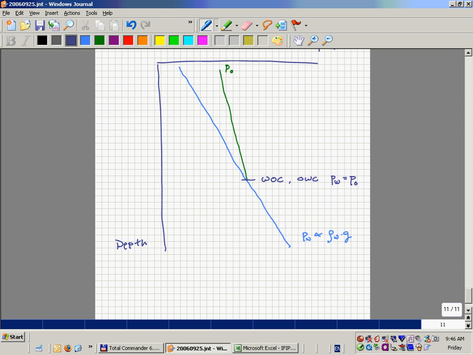And again, the slope of this is equal to the density of the oil times g. That's the way it is.